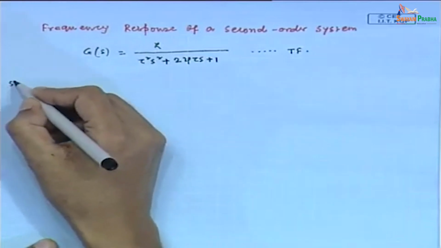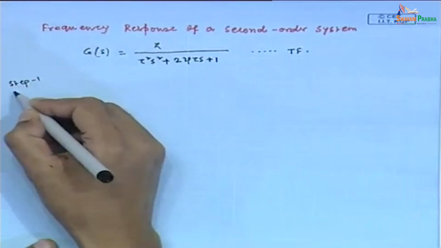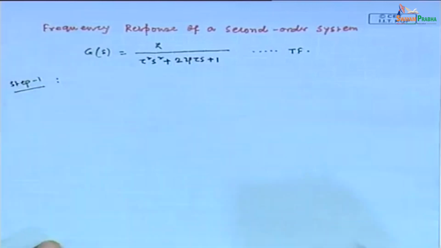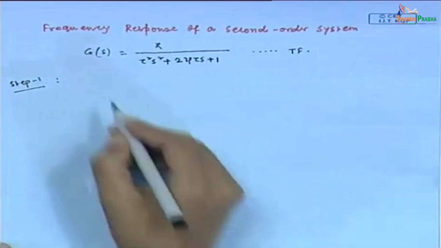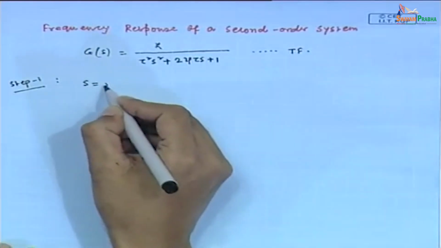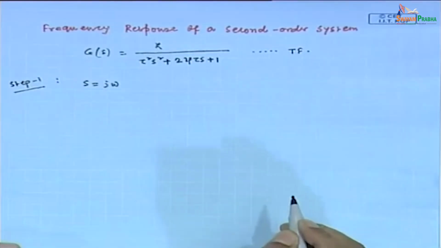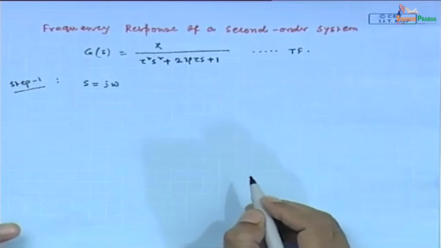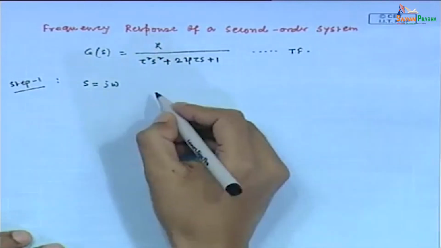In the first step, we replace s by j omega. We put s equals j omega in the transfer function.